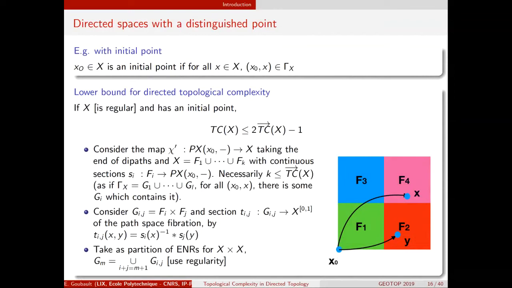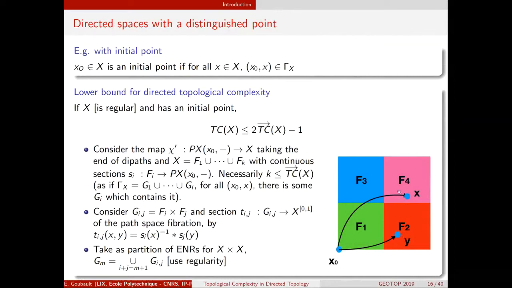minus 1. I won't give you the whole proof, but you can see it because, as you know that you can always get from x0 to any x with a directed path, you're going to give a way to go from any x to any y in X cross X by going from x to x0 by the inverse directed path, through your partition of gamma X through the characterization of directed topological complexity, and then compose it with a directed path going from x0 to y.